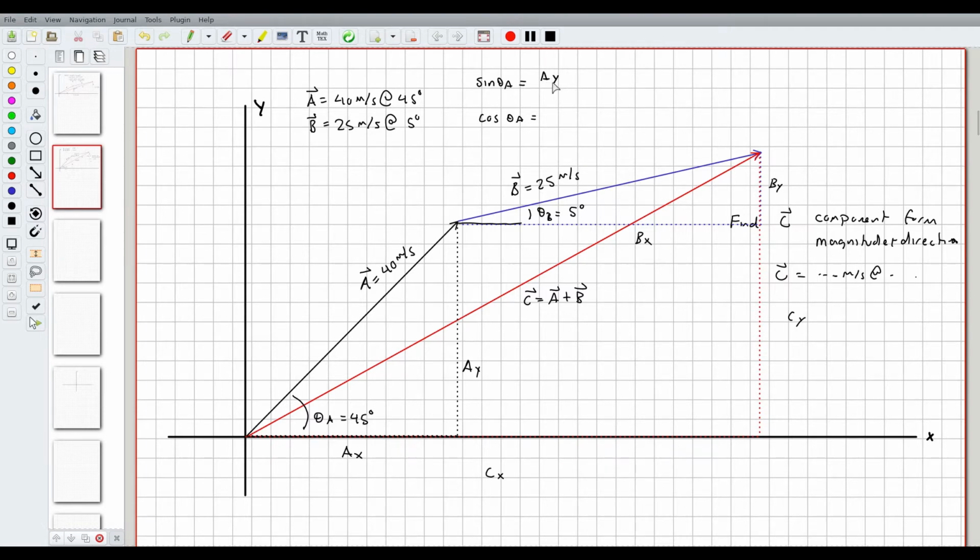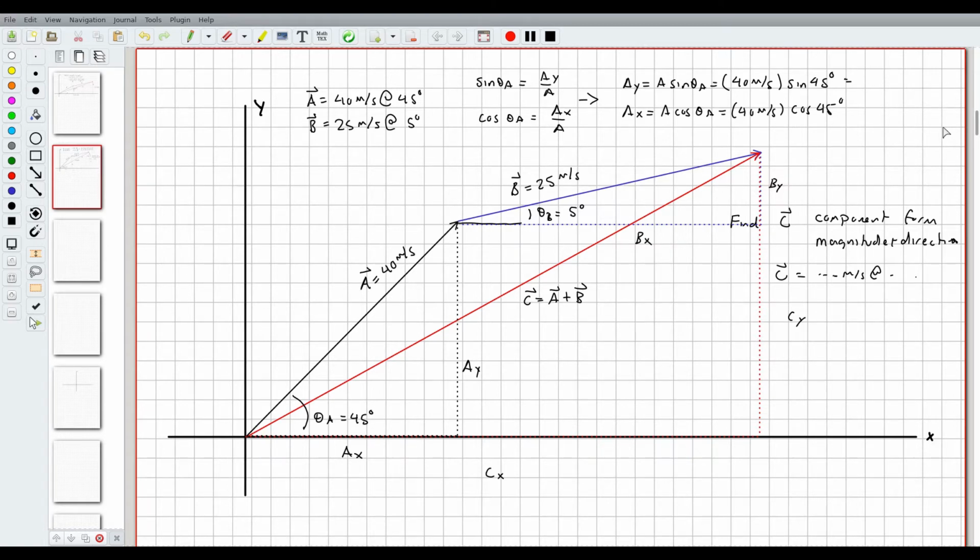So that's going to be AY over A. Cosine is going to be AX over A. Now, conveniently enough, since this is 45 degrees, the answers for the x and the y parts are the same.